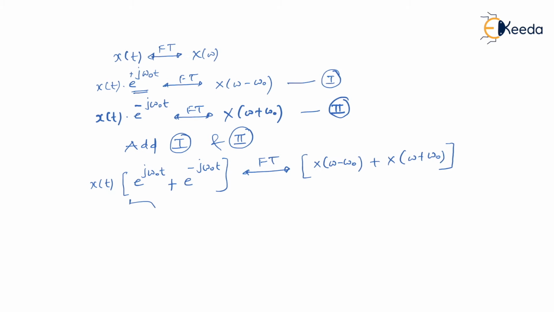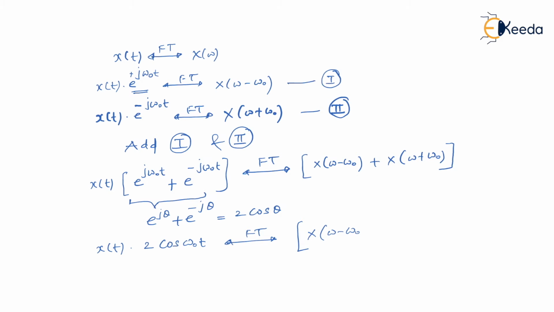We know that e to the power j theta plus e to the power minus j theta is twice of cos theta. Is that right? So can I write this as x of t multiplied by twice of cos of omega naught t has a Fourier transform as, the right hand side will remain same, that is X of omega minus omega naught plus X of omega plus omega naught.